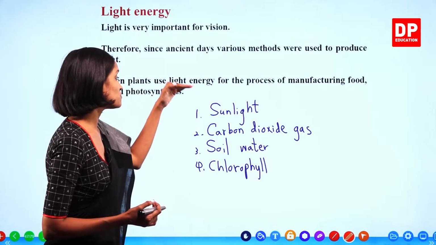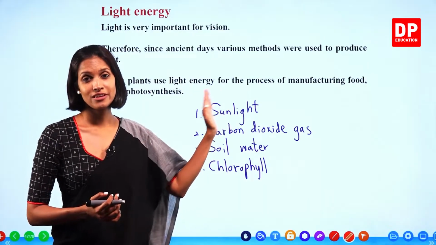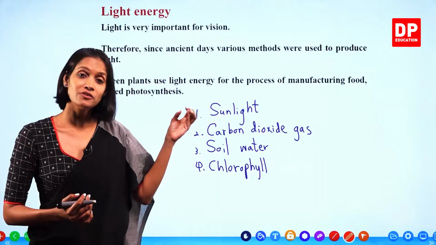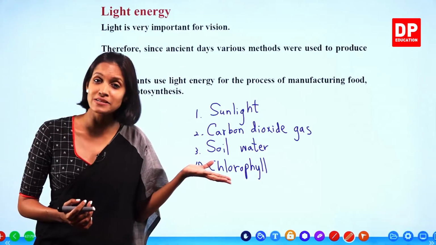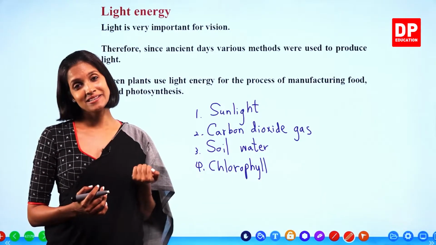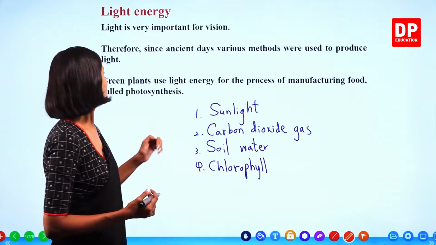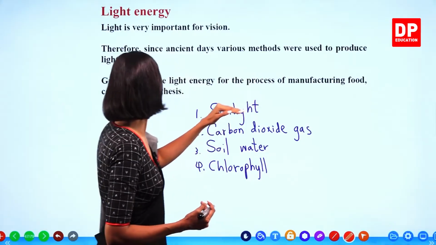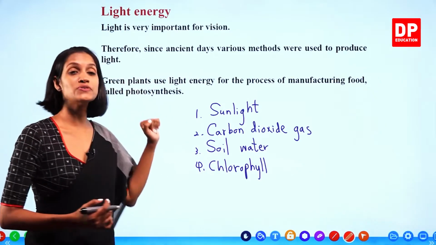So sunlight is one main factor, right children? This is the reason the plants cannot produce their food during the night time, because there is no sunlight. So green plants use light energy for the process of manufacturing food called photosynthesis.